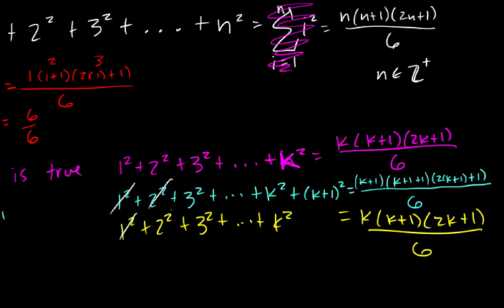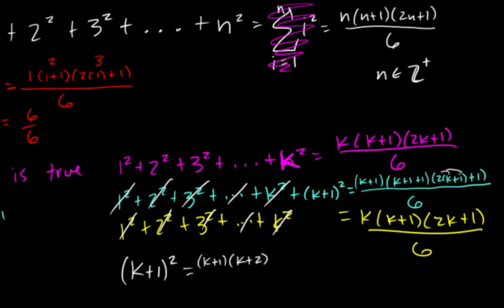So these cancel, cancel, cancel. Those all cancel. These cancel. And then we're going to get (k plus 1) squared. Then on the right, we're going to rewrite the top. (k plus 1) times (k plus 2) times, if I distribute, 2k plus 2 plus 1, so that's 2k plus 3.